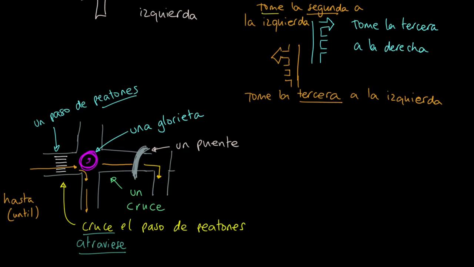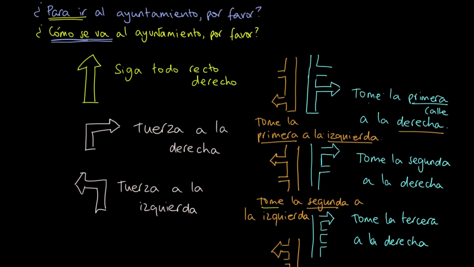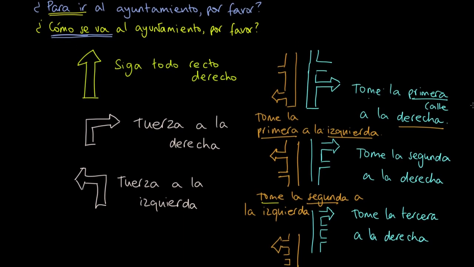Now, the last thing I want to mention is that for all of these instructions, I've been using the form of respect. So I've been assuming that you, for example, are giving directions to someone who is probably older than you, that you've never met before, and you're using the usted. When you give indications to someone that you know and you treat as tú, okay, these words will change slightly.